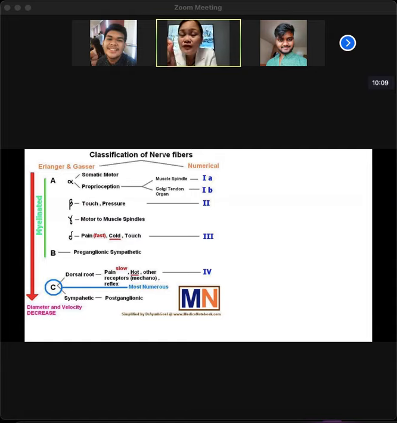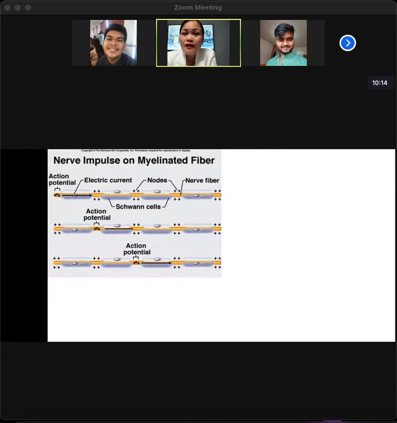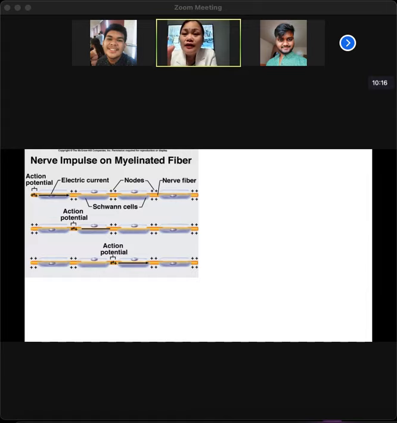What's the difference between your myelinated and your unmyelinated fiber? Your myelinated, meron kang nodes of Ranvier. So ibig sabihin, you have saltatory movement of your impulse. That's why it is faster. Yung pag-signal ng impulses mo are faster as compared to your unmyelinated fibers, which has no nodes of Ranvier.